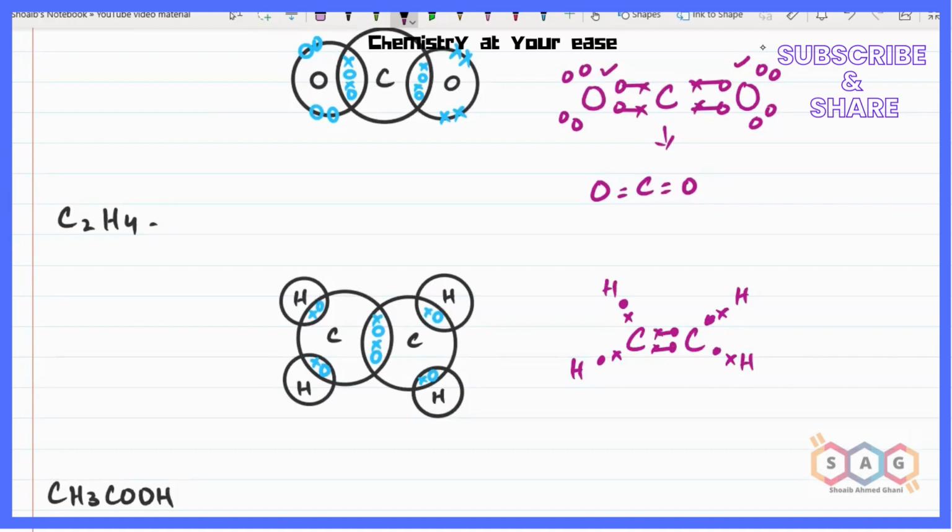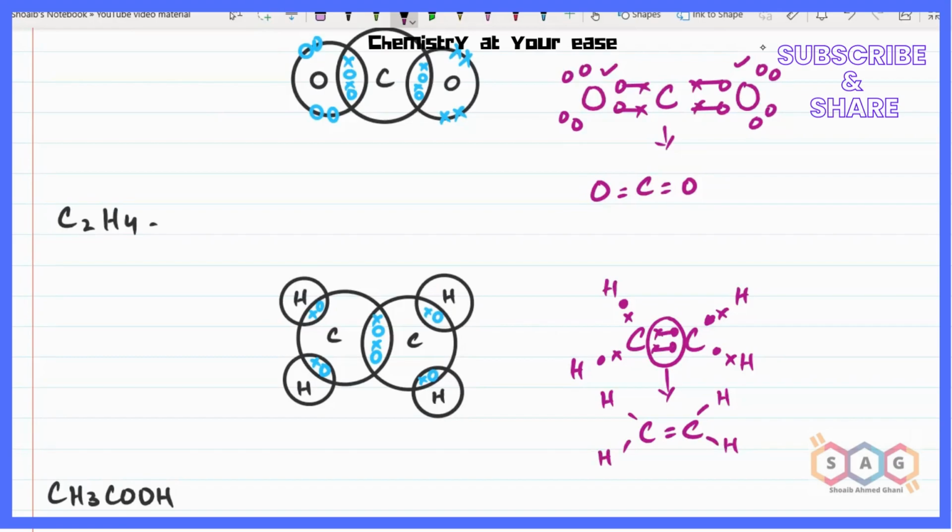So there is going to be a double covalent bond between the two carbon atoms, and a single electron is shared between the four hydrogens and the two carbon atoms. So it's going to be four single covalent bonds.